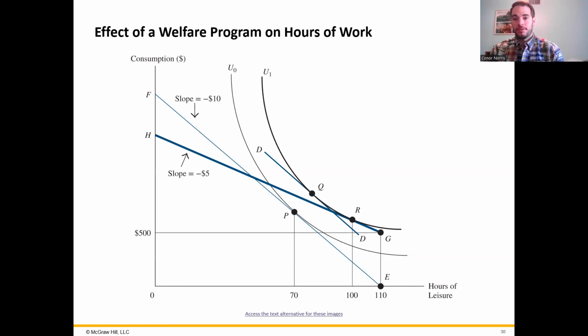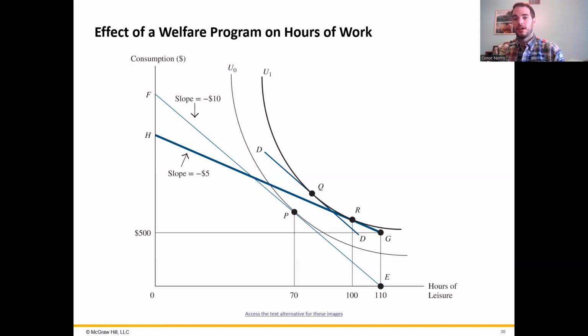Now, because the previous example shows how much that particular style of welfare program can disincentivize work, most modern welfare programs are designed differently, with the goal being to cause as little disruption as possible to the labor market and to the individual's decision to work. So for instance, in many states, probably all states, I'm not 100% sure on that, people can still work and receive welfare.